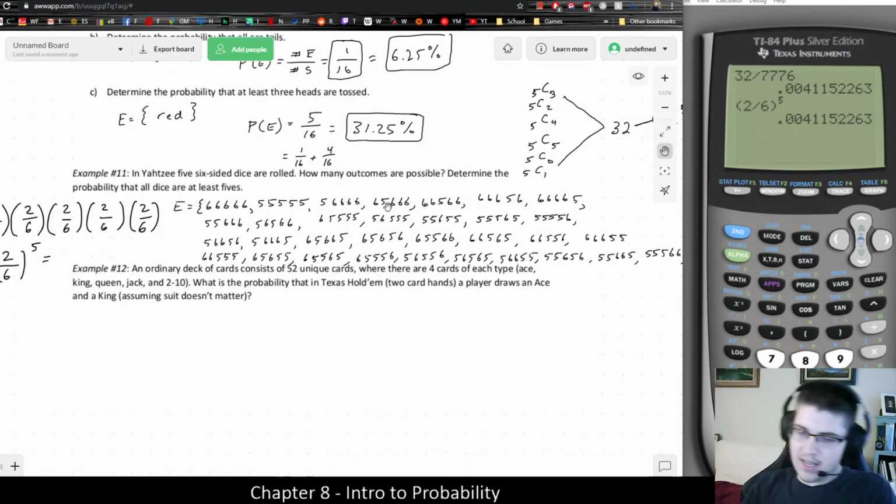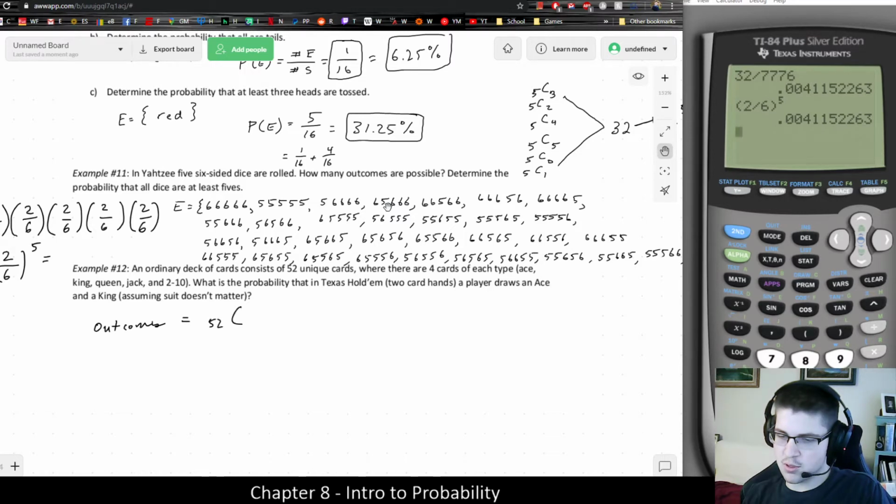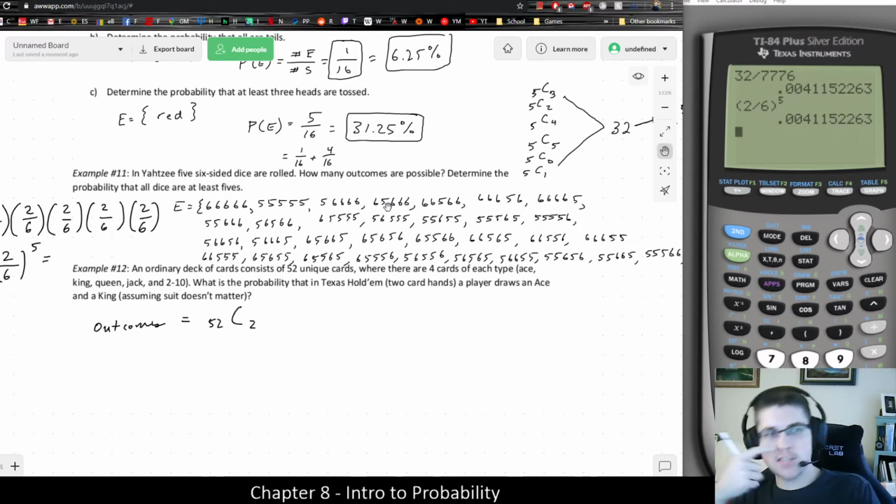But basically, we've already figured out the number of outcomes in a previous video. The number of outcomes is equal to 52 choose 2. Again, it's combinations here because we're not replacing the card, and order does not matter.